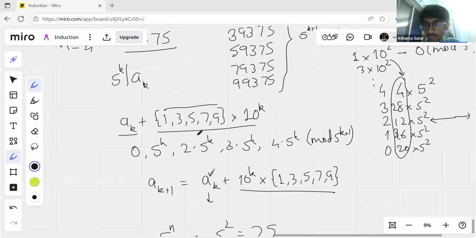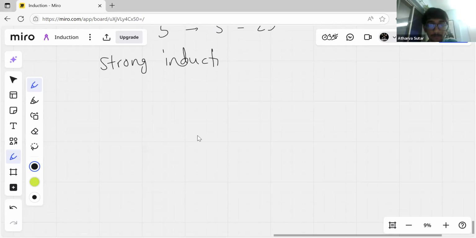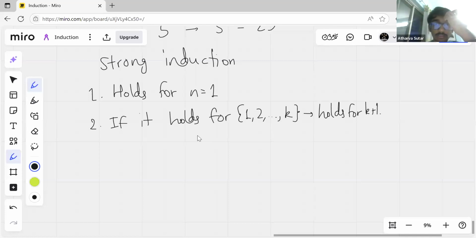Okay, so I'll move on to strong induction. Strong induction is quite similar to weak induction. The conditions are the base case holds for n equals 1, and we want to prove that... so notice the difference here.